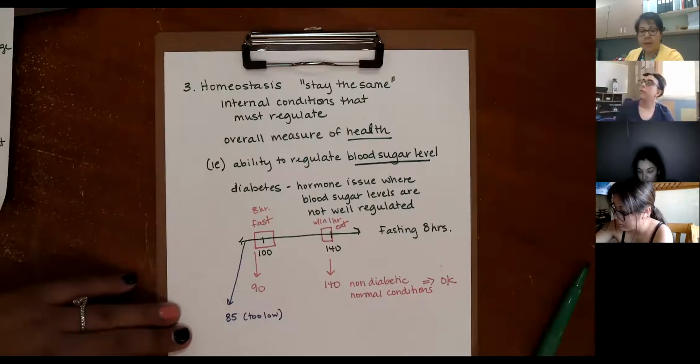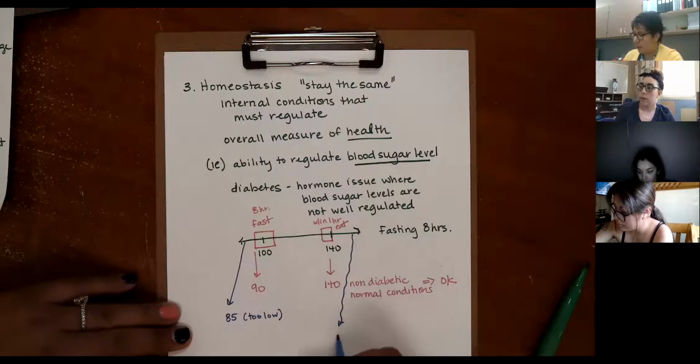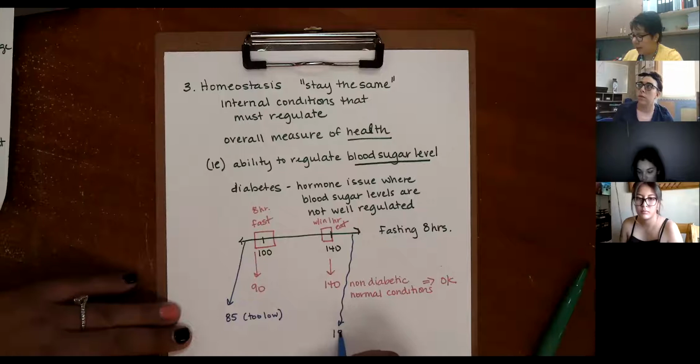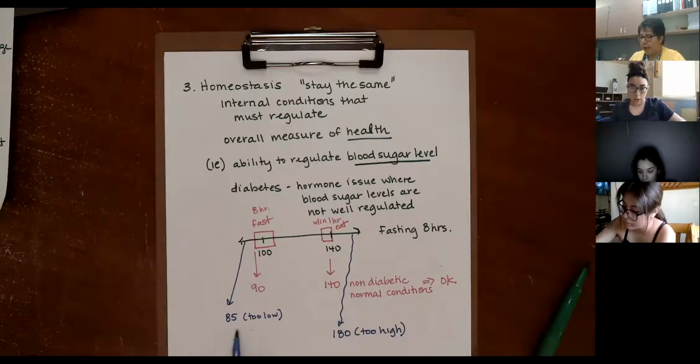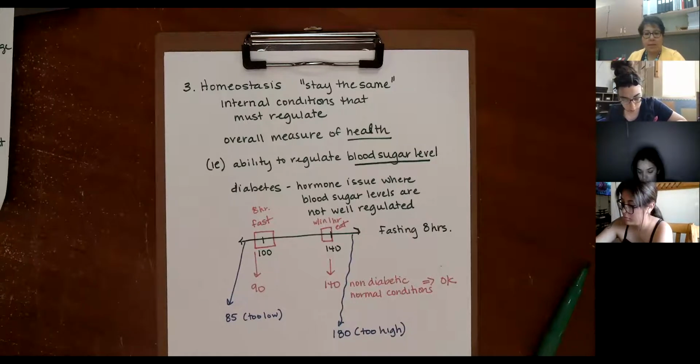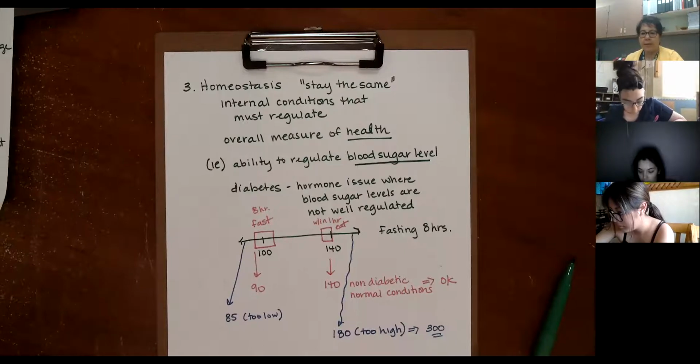Or somebody who's diabetic in the morning, their blood sugar level is much higher than what it should be. Let's say it's 180. That's too high. Sometimes diabetics, after they eat, their blood sugar levels can go as high as 300. That's scary high.